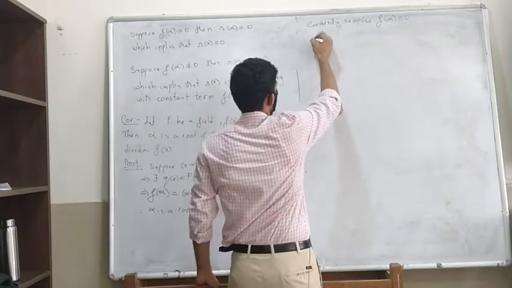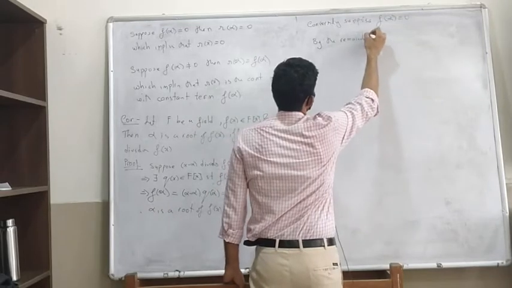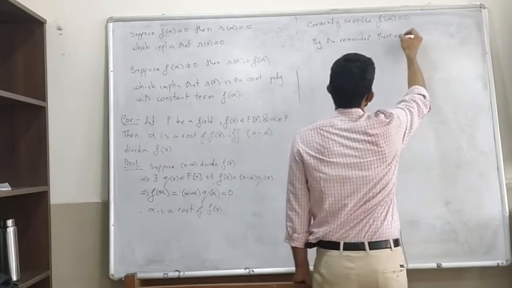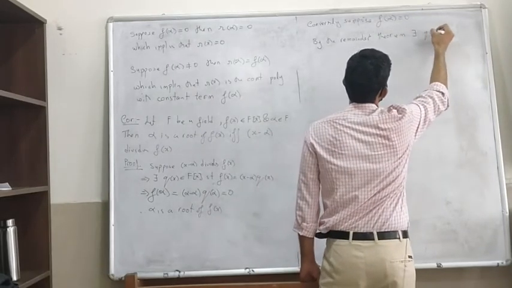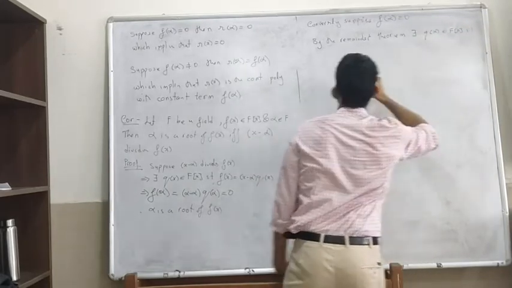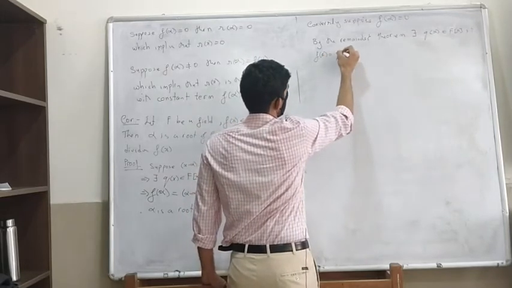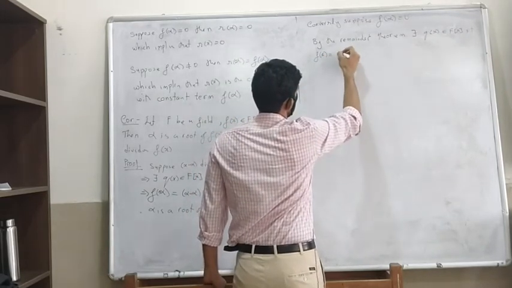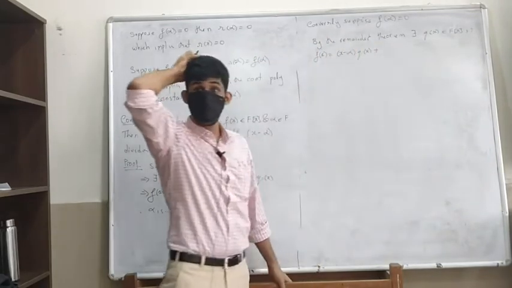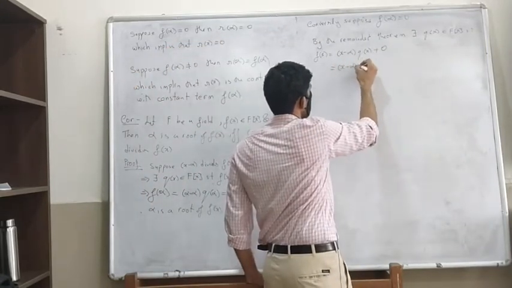So by the remainder theorem, you will have some q of x in F[x] such that f of x can be written as x minus alpha times q of x plus the remainder, which is 0, so plus 0, which is nothing but x minus alpha times q of x.